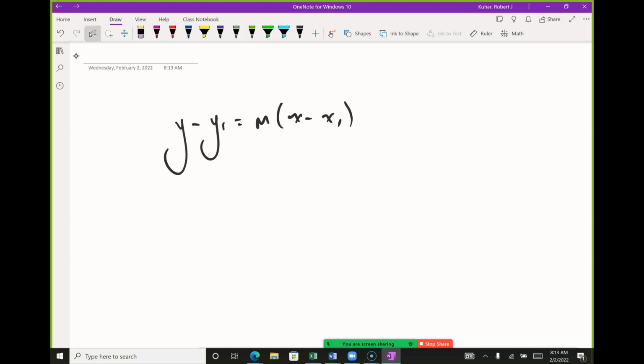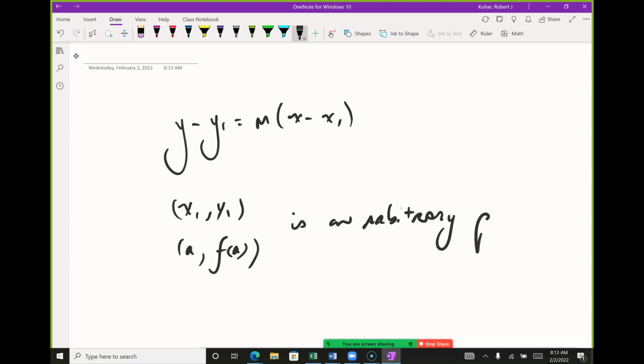And so x1, y1 is an arbitrary point. x1, comma, y1, for us, a, comma, f of a, is an arbitrary point. Random, it can move, it can change. And, I'm sorry, it is a fixed point.